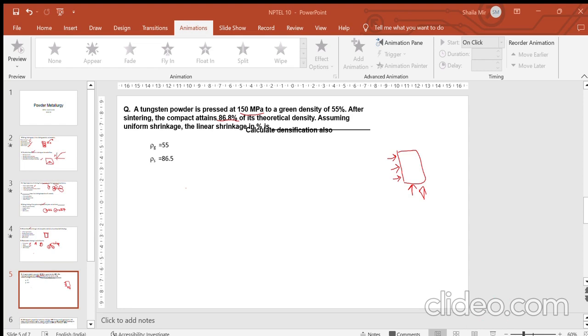Okay, so can you calculate now what is the value for this? So we can say it is 0.633.